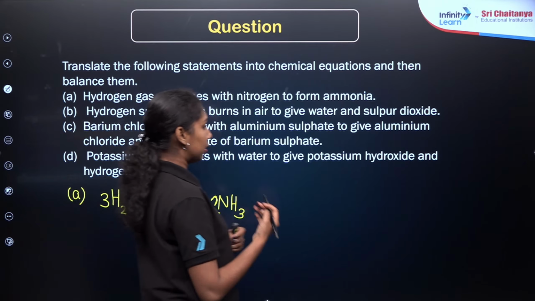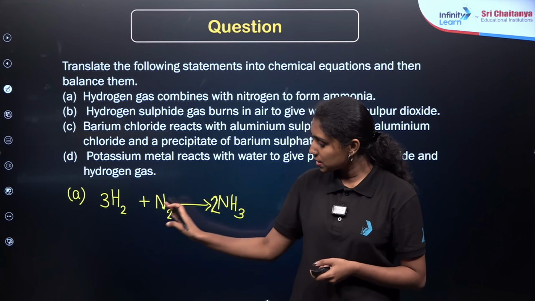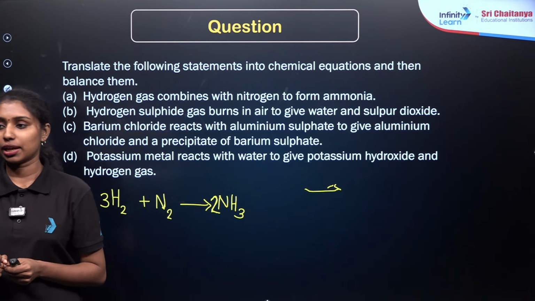Now you can calculate the total number of atoms present in the reactant and product parts, which means 3H2 plus N2 gives 2NH3 is the balanced chemical equation for the first reaction.